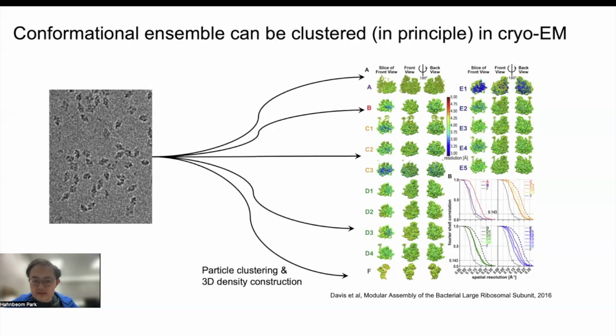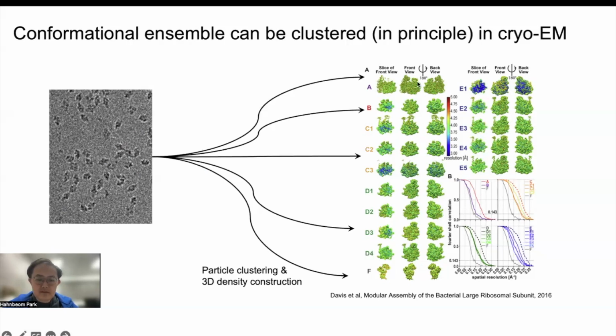But this is very challenging. If you open a typical cryo-EM structure, most of them contain just a single snapshot of the protein structure, which is just the average structure of everything.